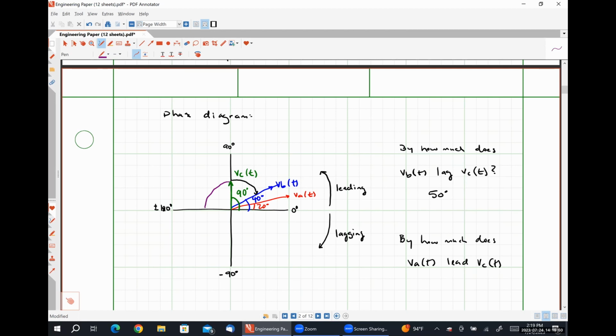So we would have 90 degrees, another 90, another 90, and then 20 degrees. So 90 plus 90 plus 90 plus 20 is equal to 290 degrees. So VA leads VC by 290. Conversely, VC leads VA by 360 minus 290, which is 70 degrees. We could have done that the other way as well. So this is how we use a phase diagram to determine the angle by which one waveform leads or lags another.